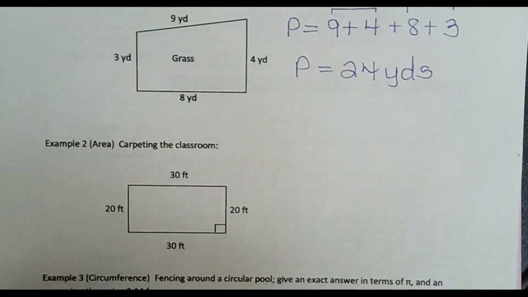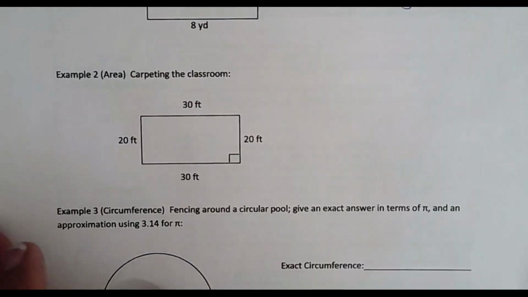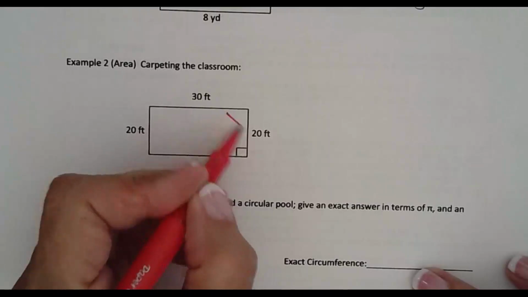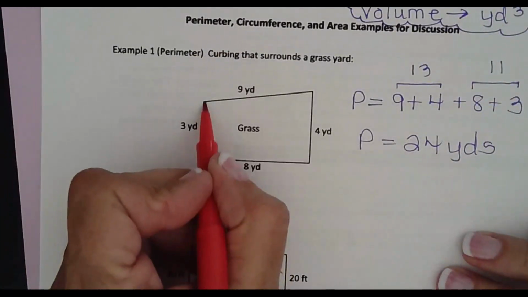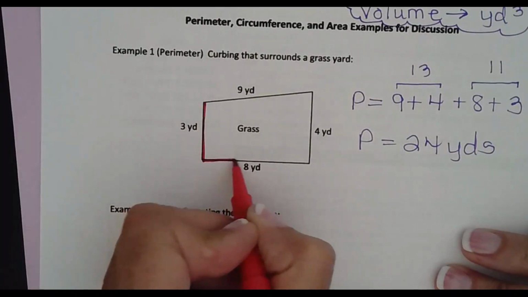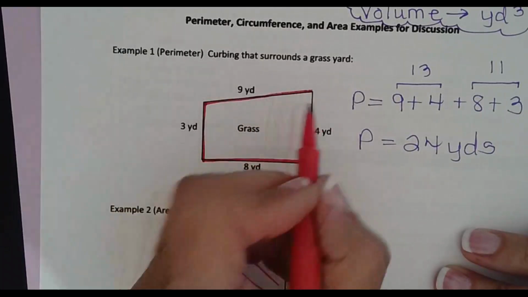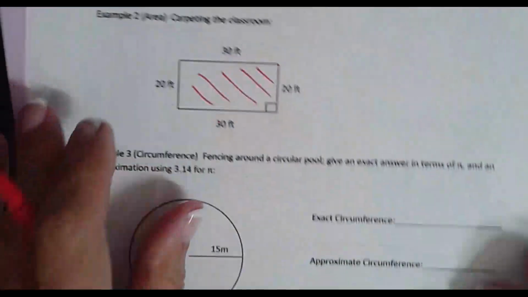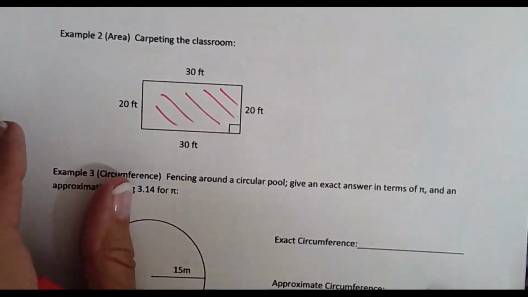Okay, next one we have carpeting in the classroom. So as I said above, carpeting is area, because you want to know how much fills up the inside. Where perimeter is just around the outside, how much curbing, how much fence you need around your garden, things like that. So area fills up the inside like carpeting does.